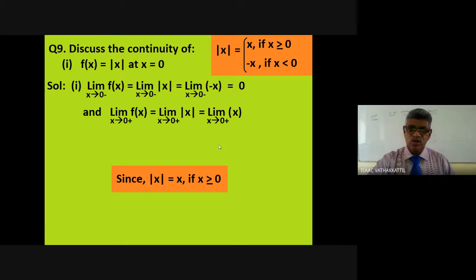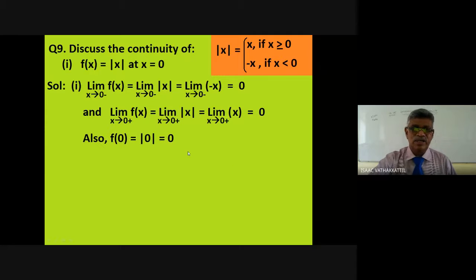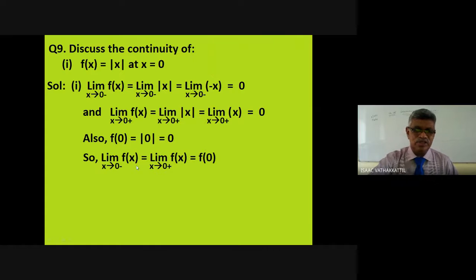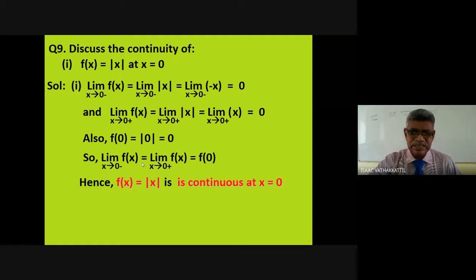X approaches 0, so the limit is 0. Left limit is 0, right limit is 0. And what is f of 0? That's obvious, mod 0, that is 0. So all the 3 values are equal. Limit x to 0 minus f(x) equal to limit x to 0 plus f(x) equal to f of 0, and therefore f(x) equal to mod x is continuous at x equal to 0.